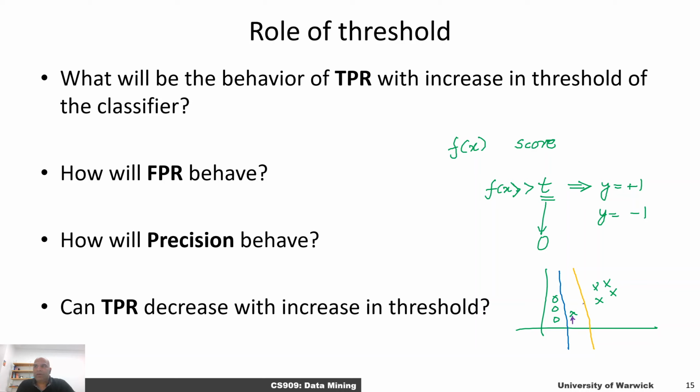But if you think about it, the score generated for this example by the orange line is going to be smaller than the score that the same line would generate for these four examples, which are positive examples and they are above the line. So if I move this line to this side, it's going to classify correctly.